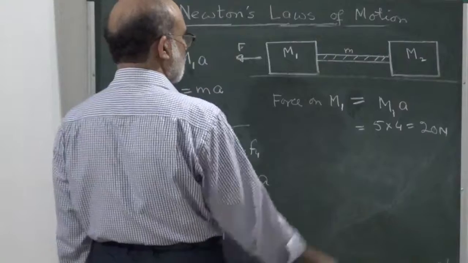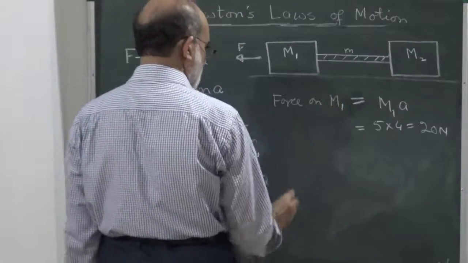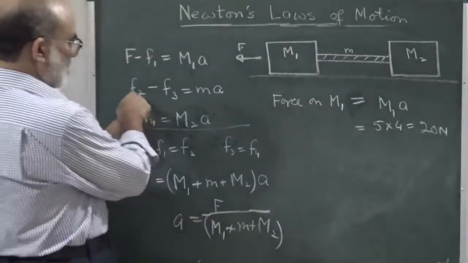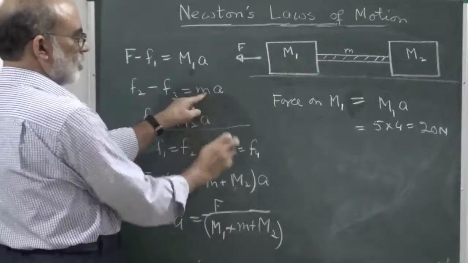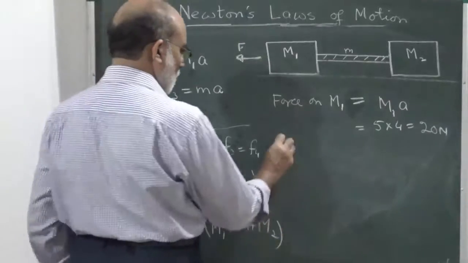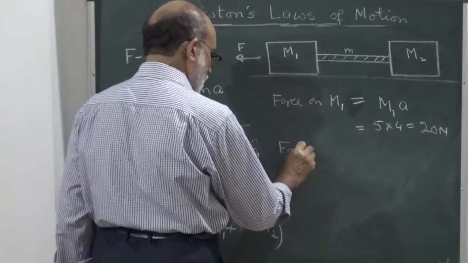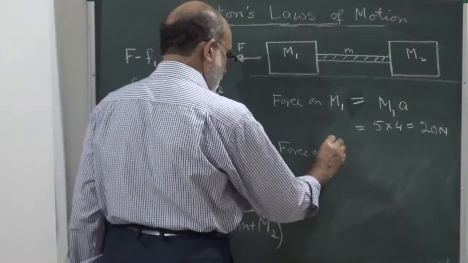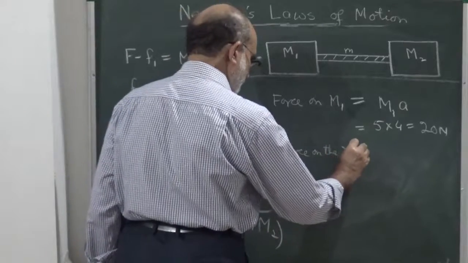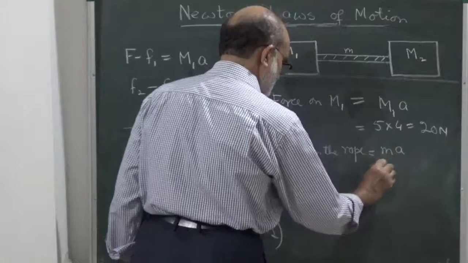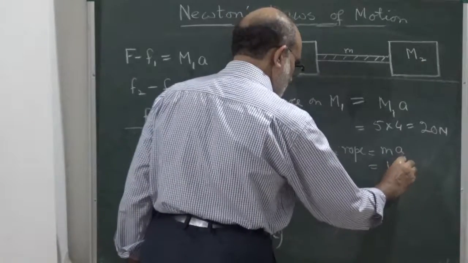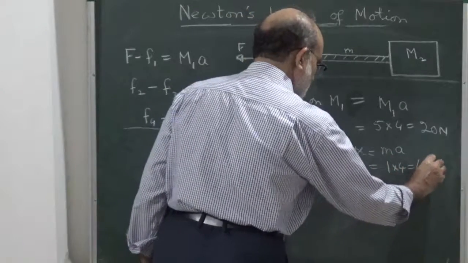Now if you want to find the force on the rope, the resultant force is F2 minus F3, which is equal to MA. The force on the rope is equal to MA. M is 1 kilogram and A is 4, so it is 4 Newton.